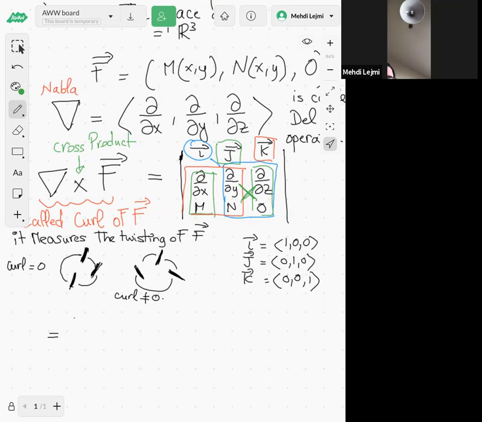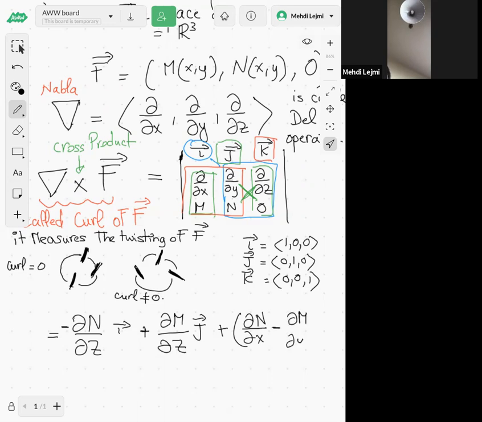We're going to have derivative of n with respect to z times i, minus, here I guess there's a minus. Now for j, we're going to have a plus, derivative of m with respect to z, j. And then for k, we're going to have derivative of n with respect to x minus derivative of m with respect to y, k.